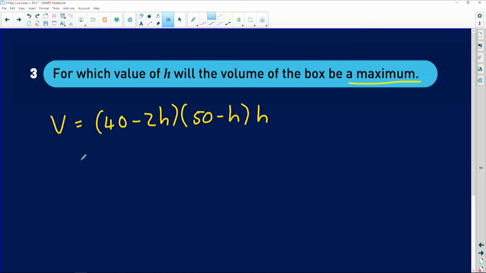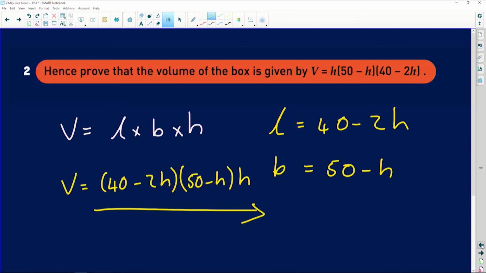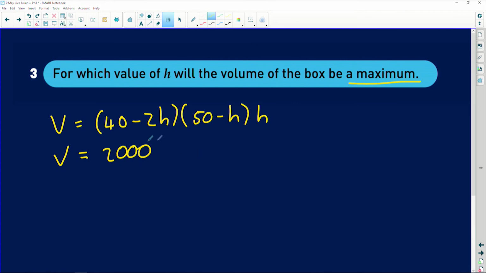Guys, to do the derivative on this, we want our terms to be all separated. So we're going to multiply 40 times 50, which is 2,000, and then 40 times minus h, that's going to be 2,000 minus 40h.